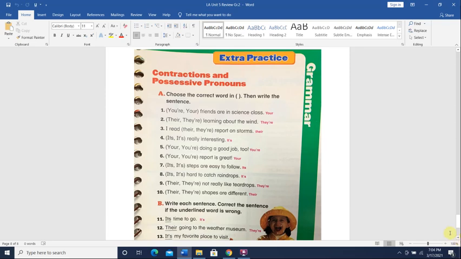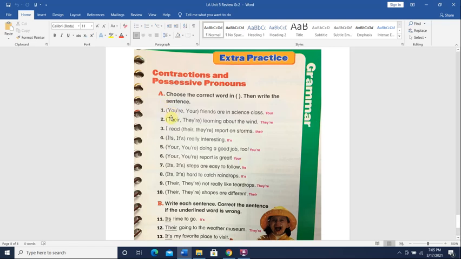It will also be easier, when you have a contraction, to read it like the two words that it is, to see if it agrees with the sentence or it doesn't. And remember, we use a possessive pronoun when something belongs to the noun, to the pronoun. So it has to be a noun. It has to be something that shows possession, that someone owns something.